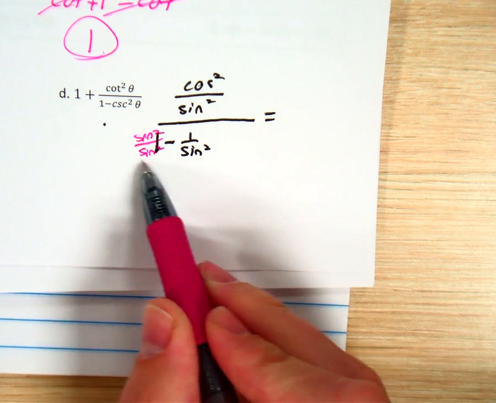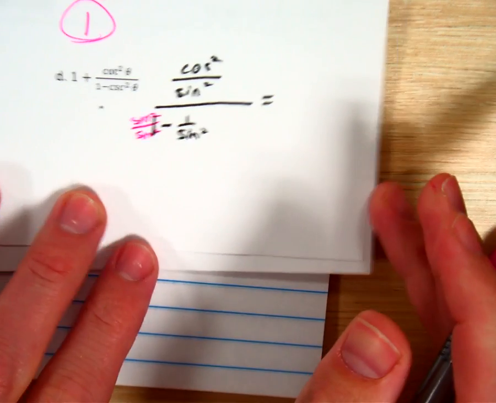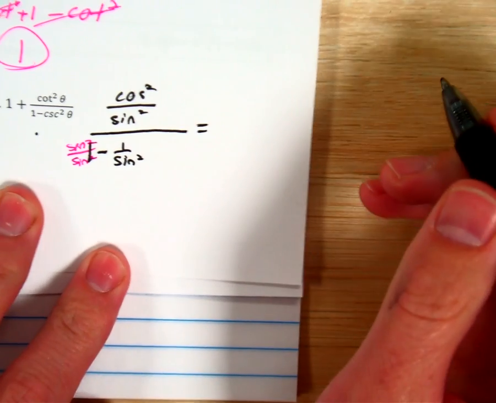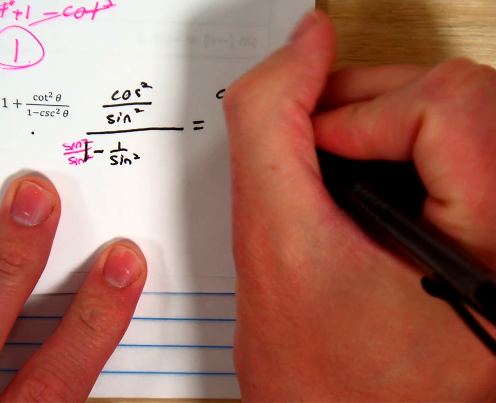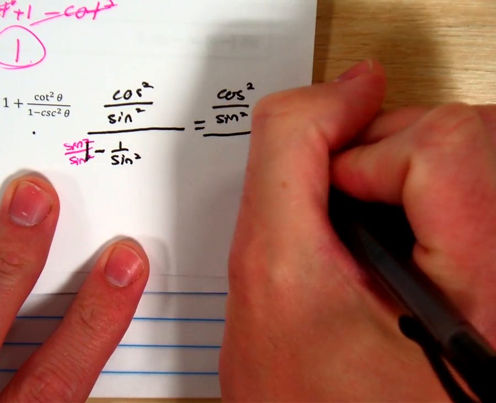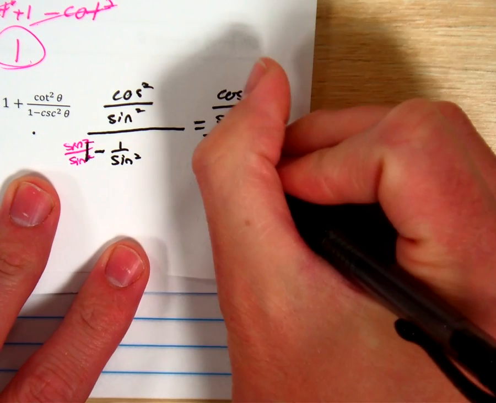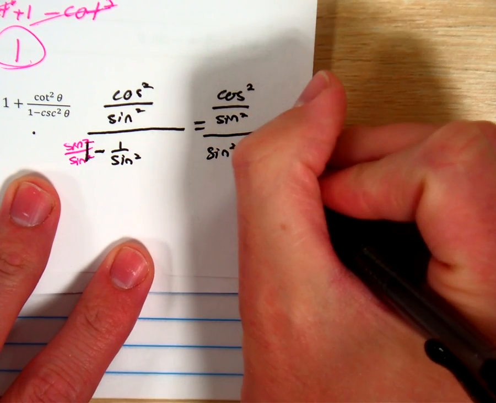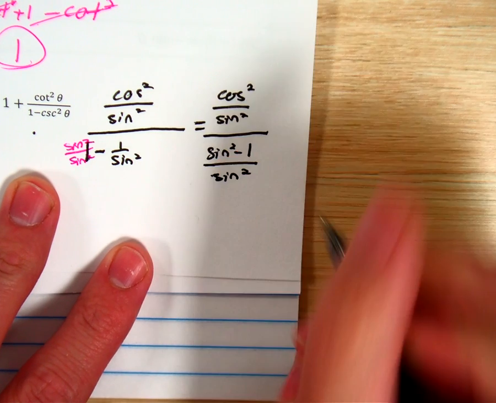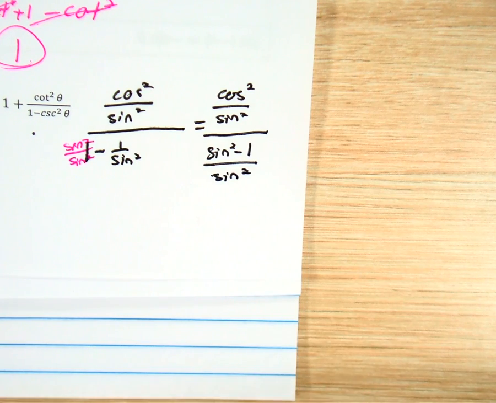I'm just doing that so I have a convenient denominator so I can add or subtract straight across. Nothing happening on the top yet, cosine squared over sine squared. Then we have sine squared minus 1 over sine squared.